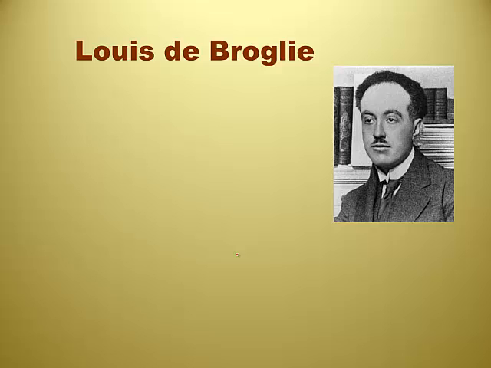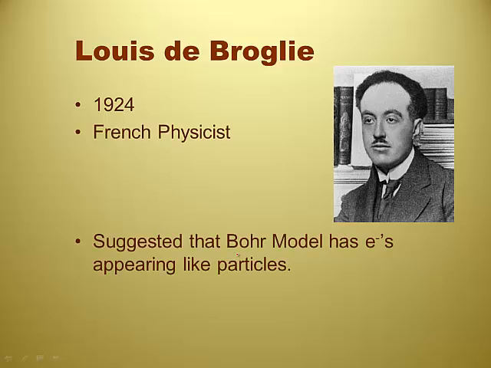De Broglie is the guy who said that everything kind of vibrates, even matter. So he's the one who put matter into the wave categories too. He's French by name, right? Yep. And he suggested that the Bohr model has electrons that appear like particles, but particles behave like they're waves. That's exactly what he said.